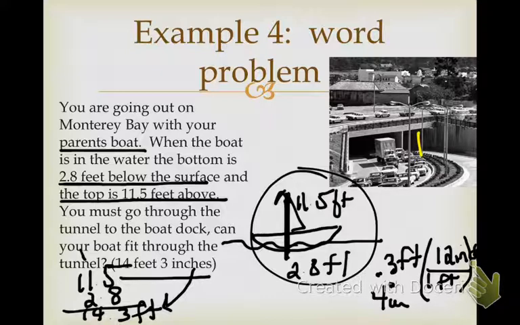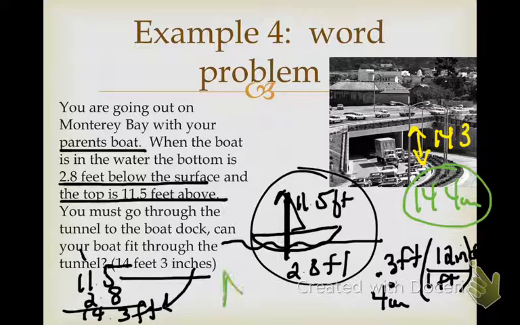My tunnel is only 14.3 inches, but how big was my boat? 14.4 inches is my boat. I'm going to lose about 1 inch of my boat. So can my boat go through the tunnel? No, it can't go through that tunnel unless I want to lose part of my boat.